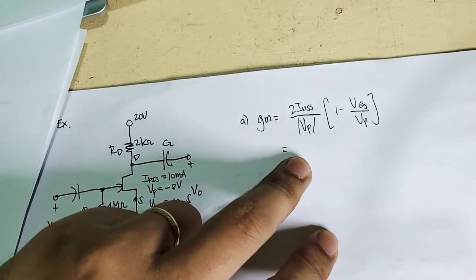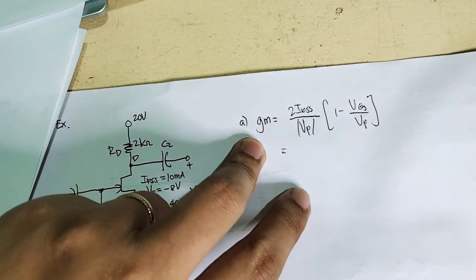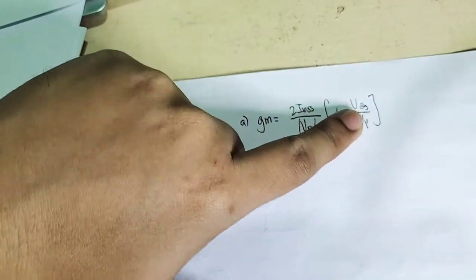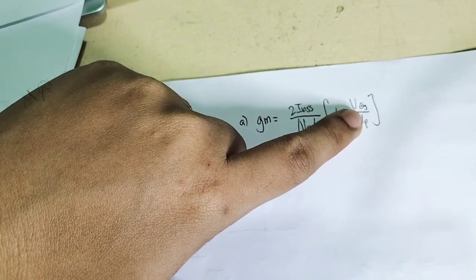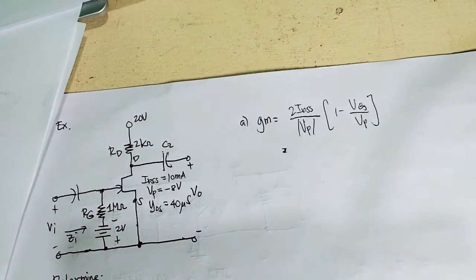So in order to calculate transconductance, we need to find the gate to source voltage first, and we need the DC analysis.